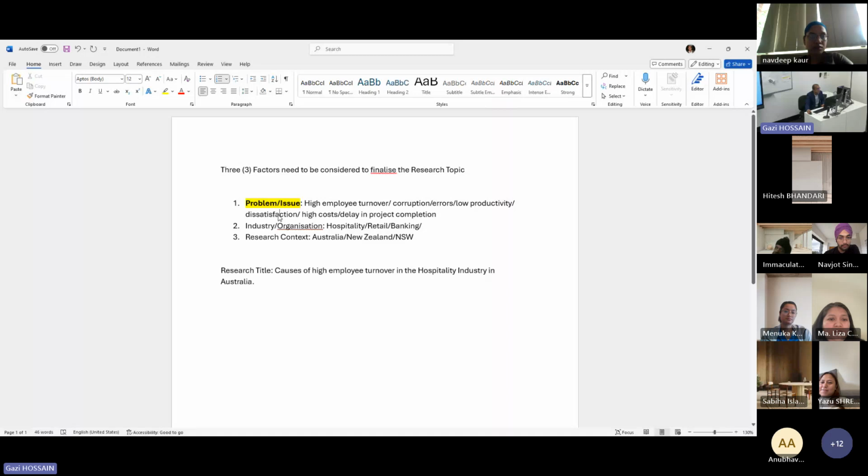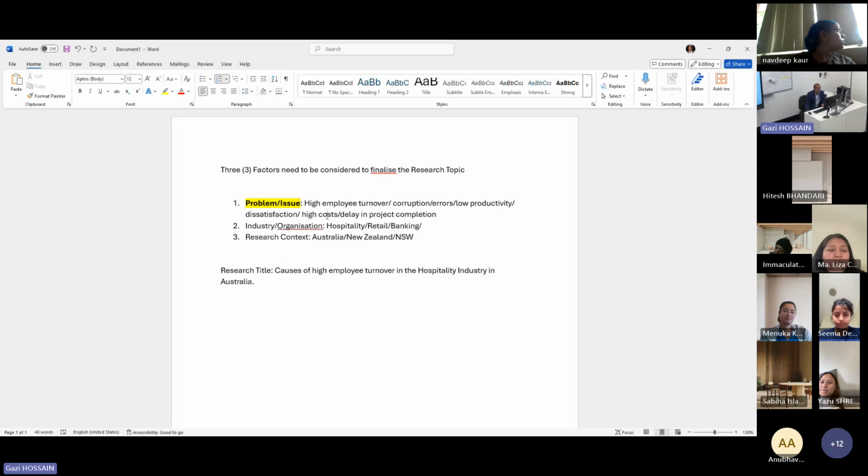It is a problem. High cost, manufacturing cost, production cost, service cost, and in Australia, it is a good example of high cost. Here, the salary or wages given to employees are among the highest in the world.